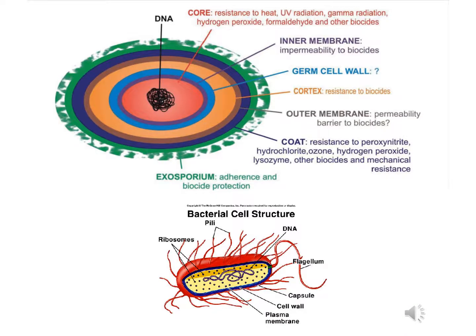The top image is just a graphic of a spore-producing fungus, and the bottom image is a bacterial cell. Now that bacterial cell has a plasma wall, and it's not particularly impermeable. You can kill it with probably 10% bleach, any number of chemical reagents.